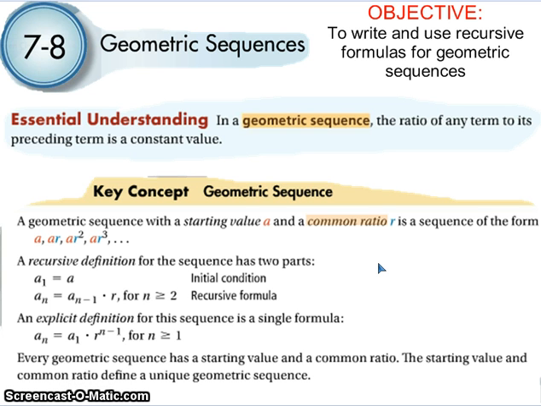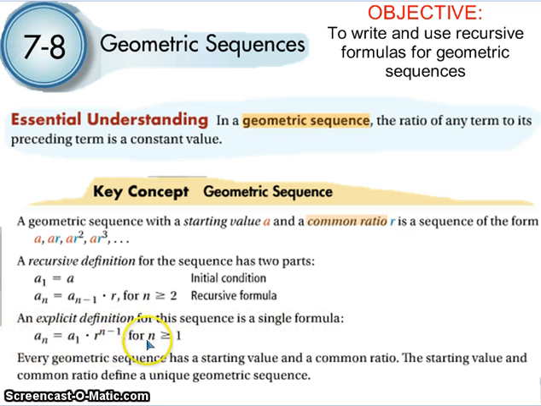Okay, so let's look at what you see up here on the screen. We determine the starting value, a, and a common ratio, which is now multiplication. Remember, this is what the recursive definition looks like, and we're just going to fill in parts that we need to. Then the explicit definition is only one formula.